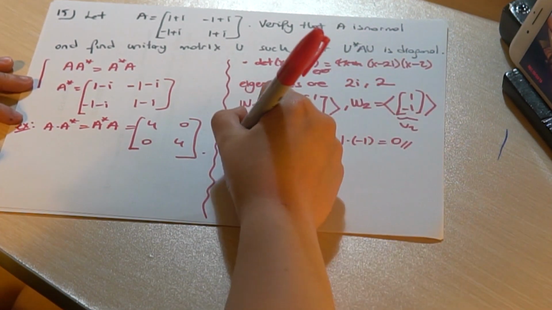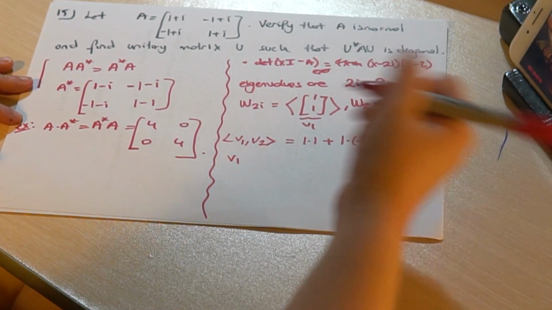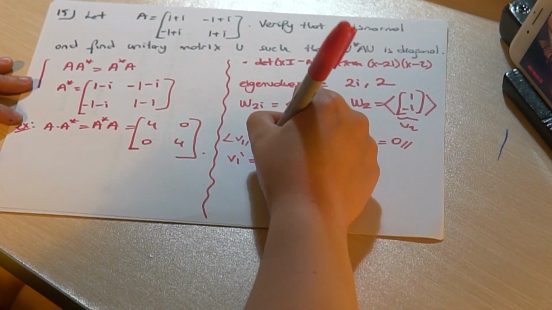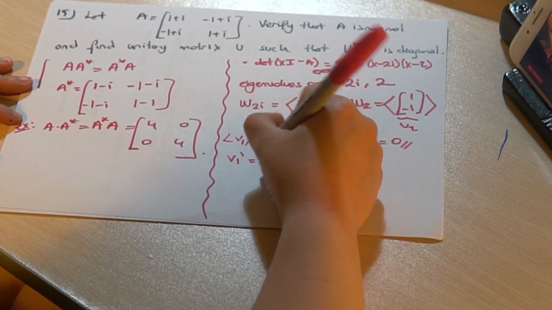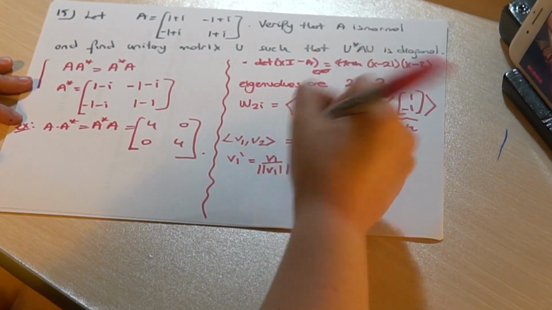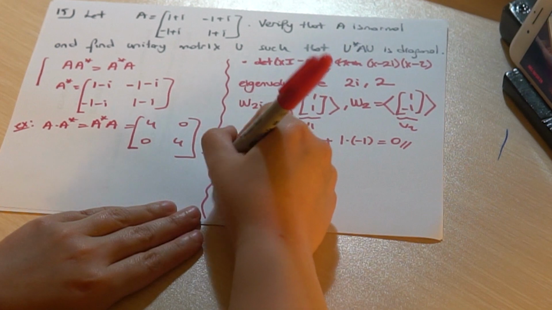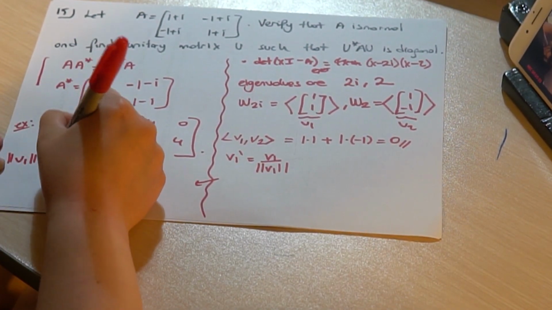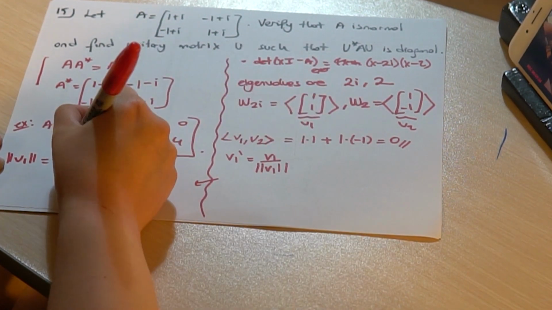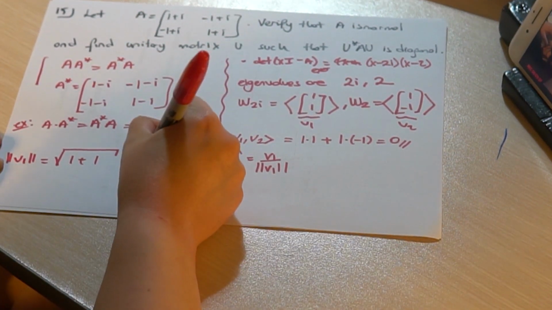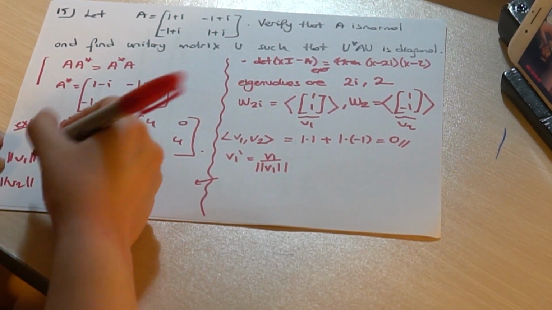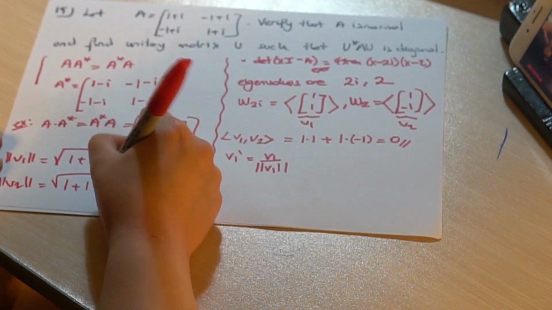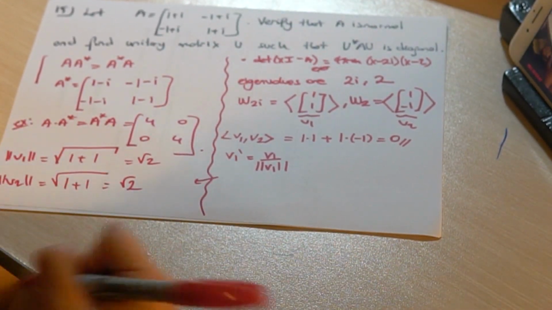We need to make these orthonormal. Let's say V1 prime will be equal to V1 over the norm of V1, and the norm of V1 will be the square root of 1 times 1 plus 1 times 1, which is square root of 2. The norm of V2 will be the square root of 1 times 1 plus minus 1 times minus 1, 1 plus 1, which is square root of 2.